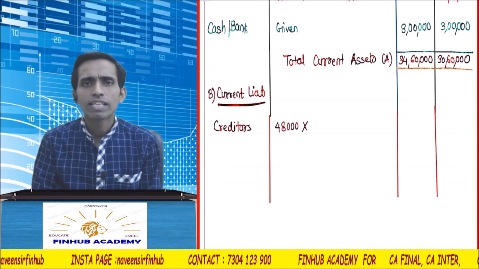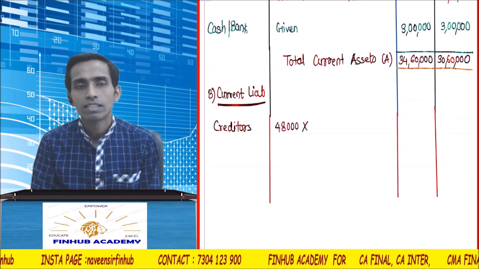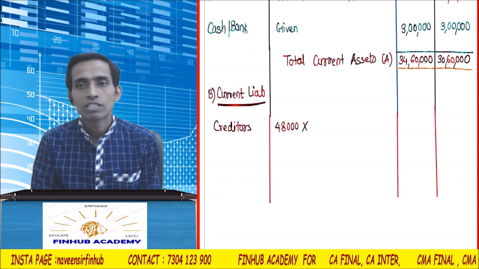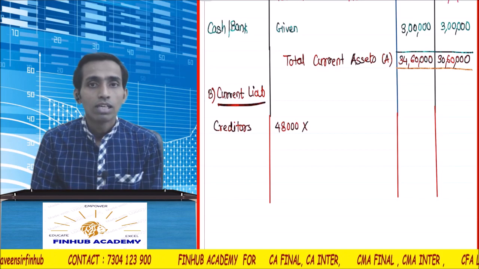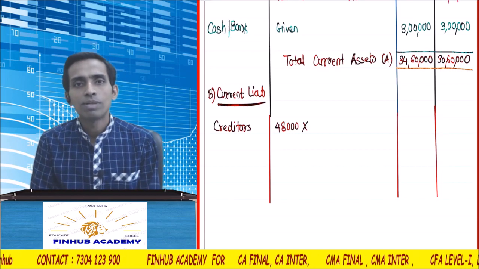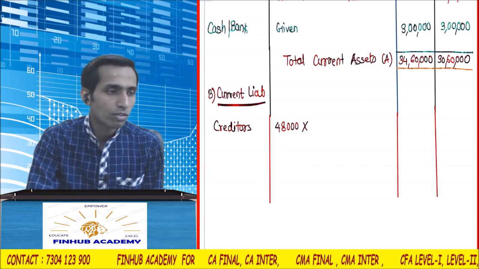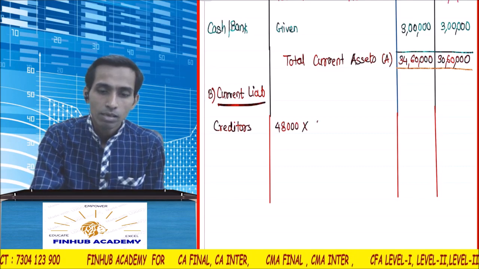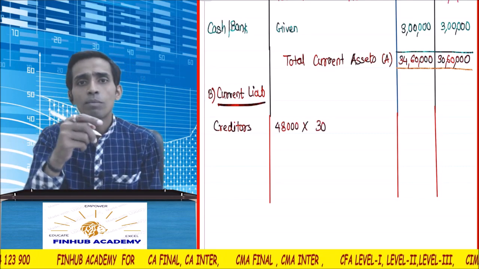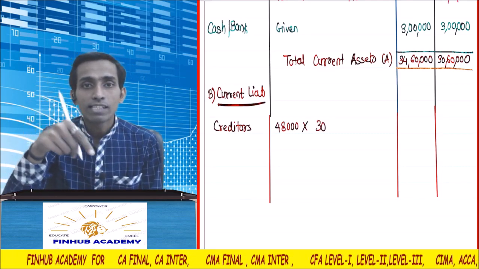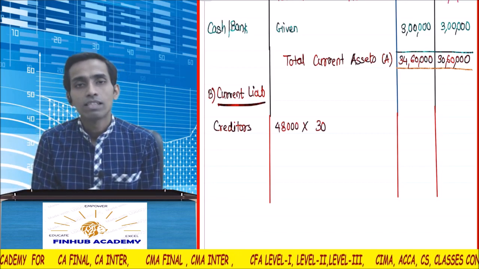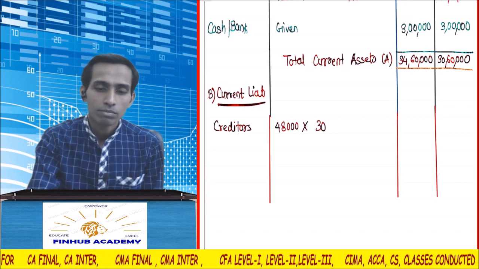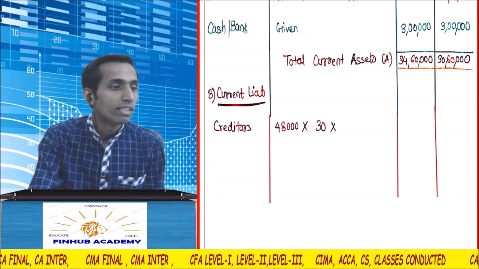For creditors, the rate was not given, right? Very good. The cost of raw material will only be the rate. So what is the cost of raw material rate? 30. Because from creditors what we purchase? Raw material. So 30 multiplied by, what is the period?